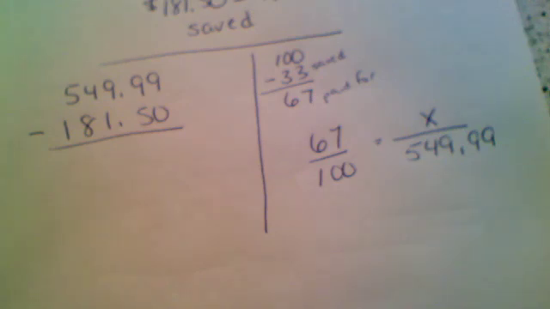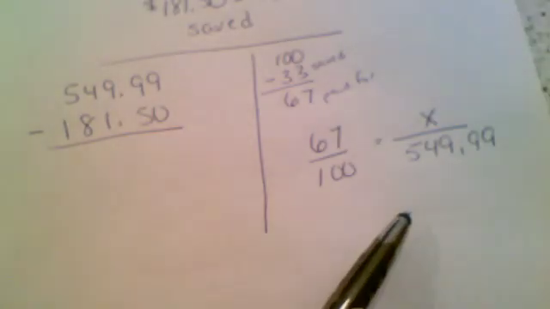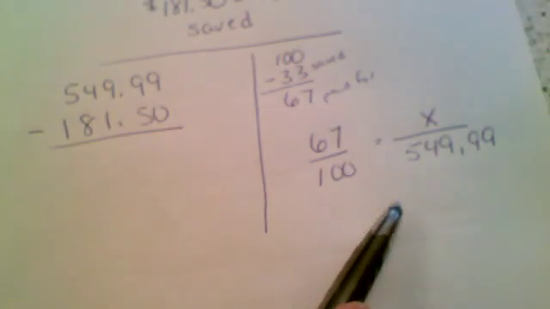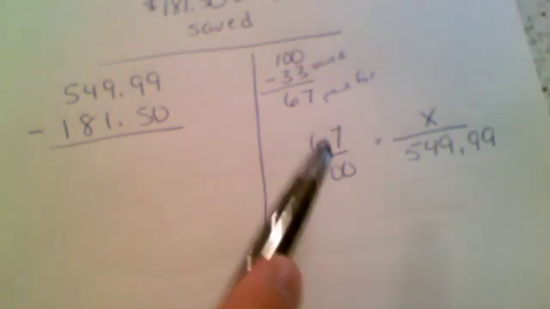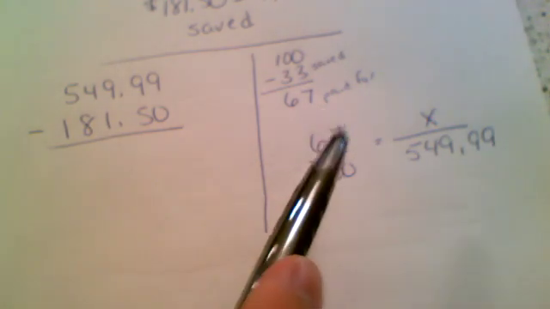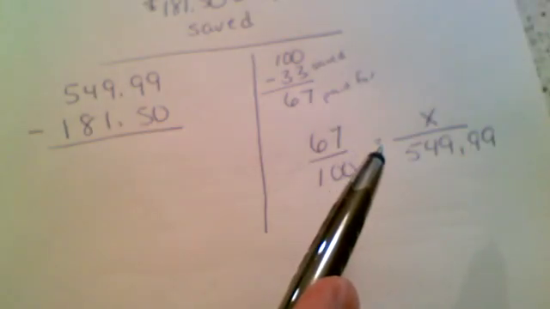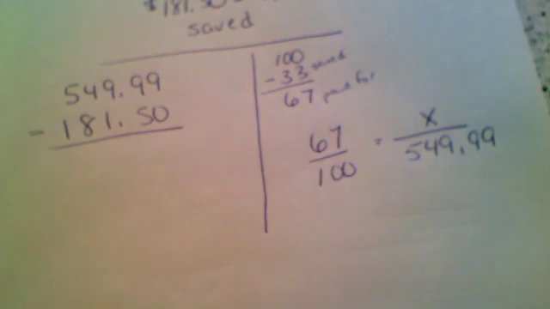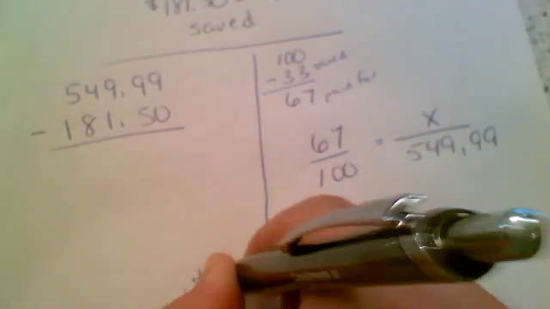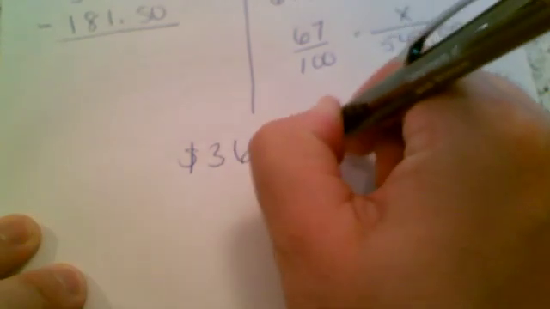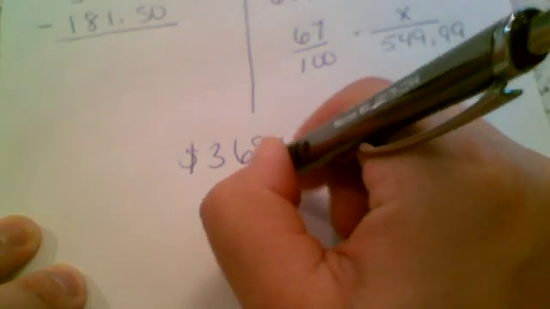If you're using a calculator and you did this, you'll see it says 0.4933. And so we have 49 cents. The 3 is not going to round the 49 up. So we have $368.49 is what she'll be paying.